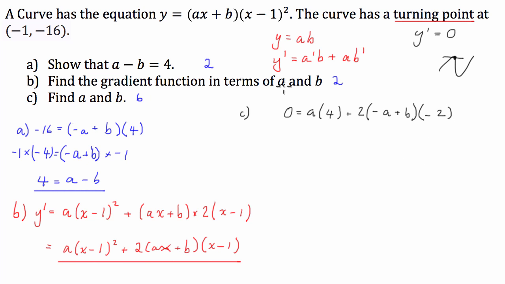Cool. So 0 is going to be equal to 4a. Now we've got -2 times 2, that's -4, bracket -a plus b. We can multiply out this bracket. We're going to have 0 is equal to 4a minus 4 times -a is +4a. So it's going to be 8a minus 4b.